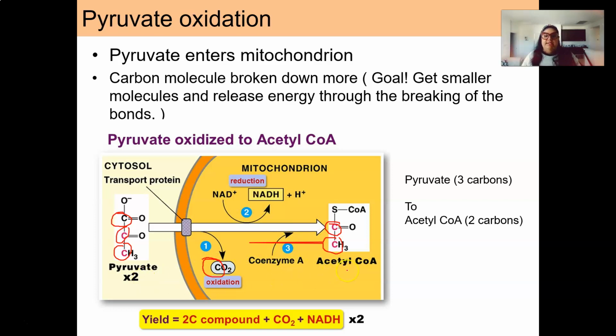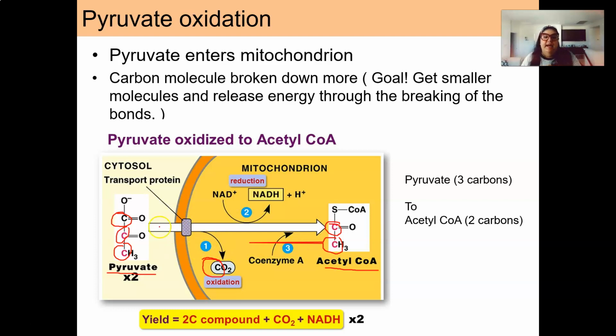So how many acetyl-CoAs do I end up with? Because we started with 2 pyruvates. So how many acetyl-CoAs should I end up with? 2, right? 2 acetyl-CoAs. We want to make sure we end up with the same amount of carbons from that 1 glucose molecule.